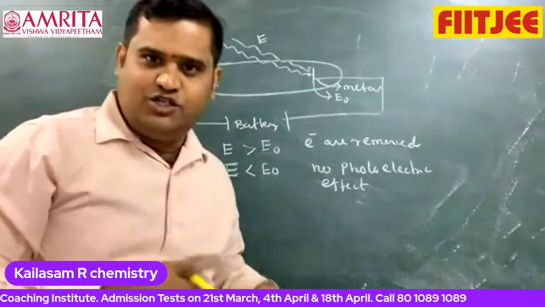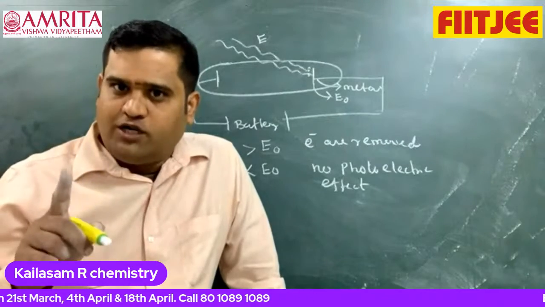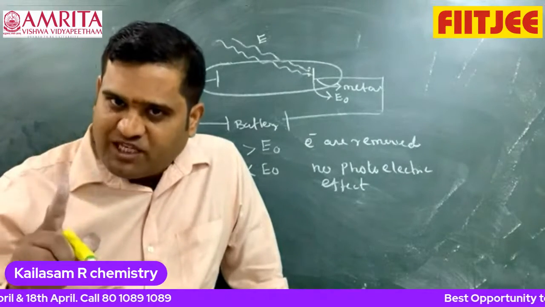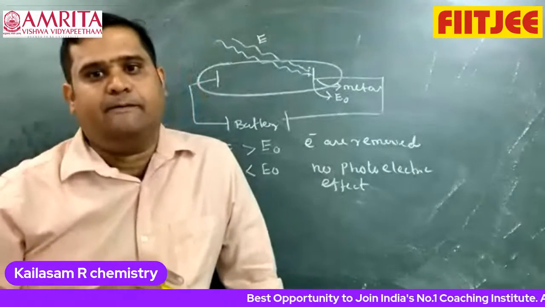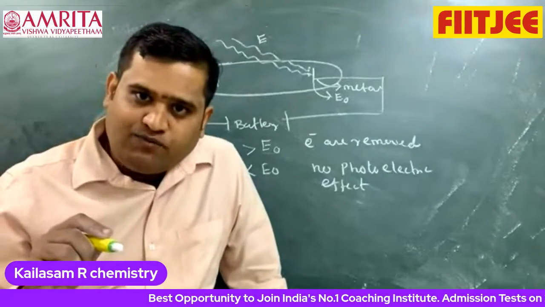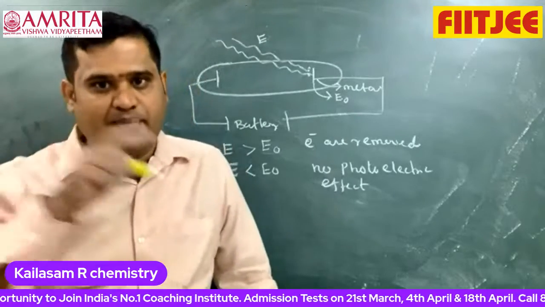And a very important condition: the kinetic energy of photoelectrons depends on frequency and not on intensity. The number of photoelectrons coming out depends on intensity. Please keep it in your mind.